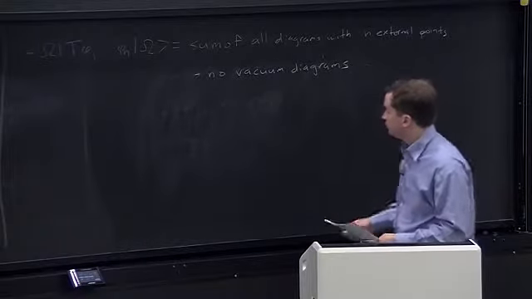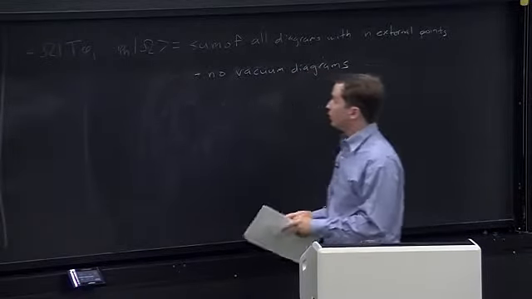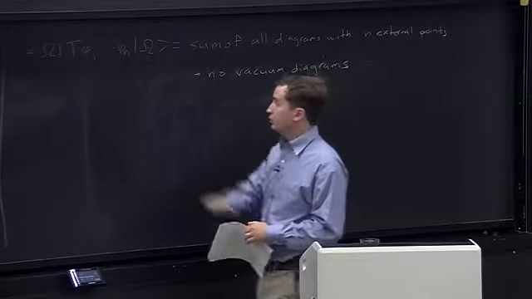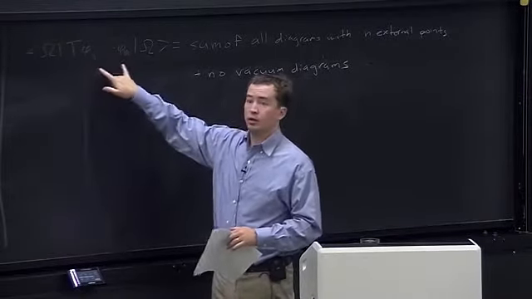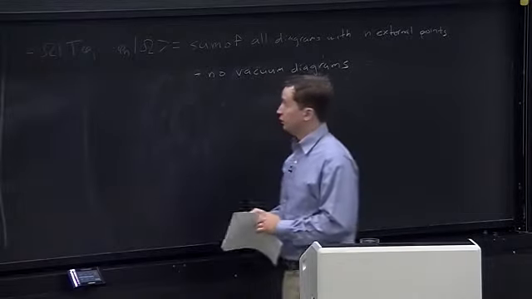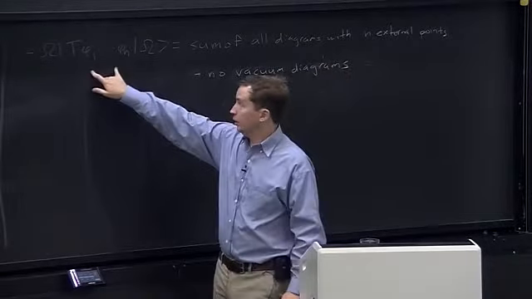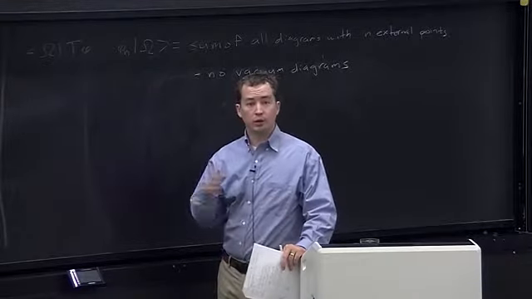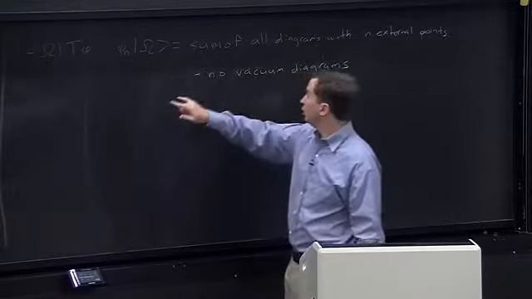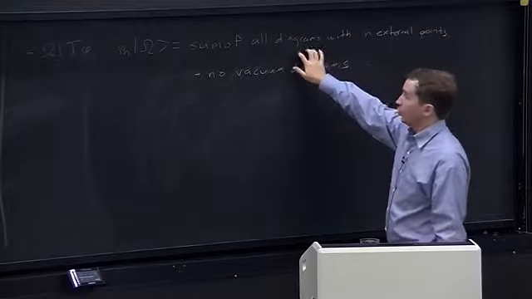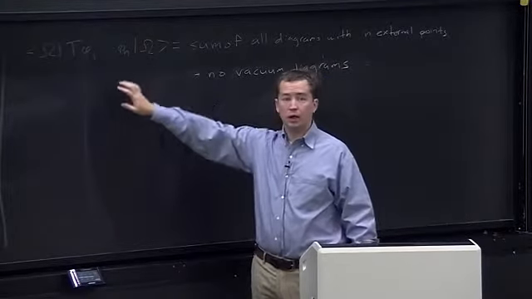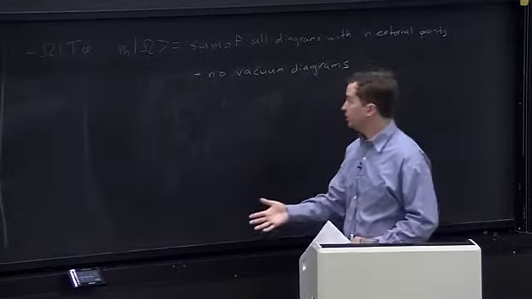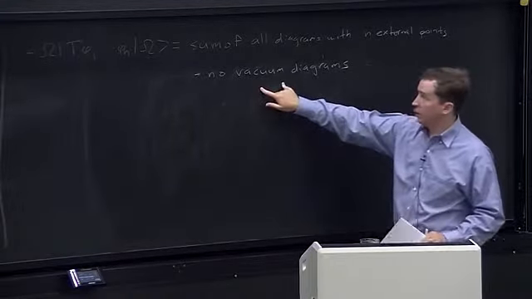So now we know how to compute an n-point function using Feynman diagrams. If we're interested in computing an n-point function at some order in the coupling constant, we just draw all diagrams with n external points and however many vertices we want, corresponding to the number of factors of the coupling constant we have, excluding all vacuum diagrams.